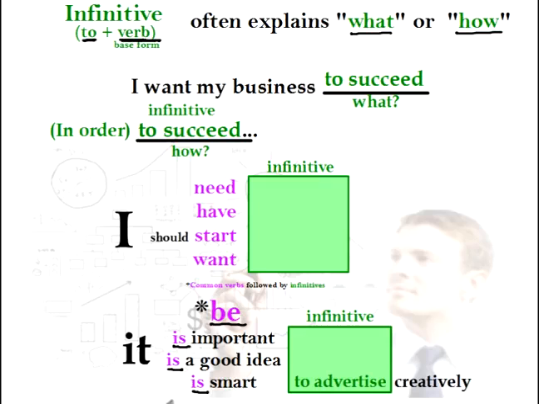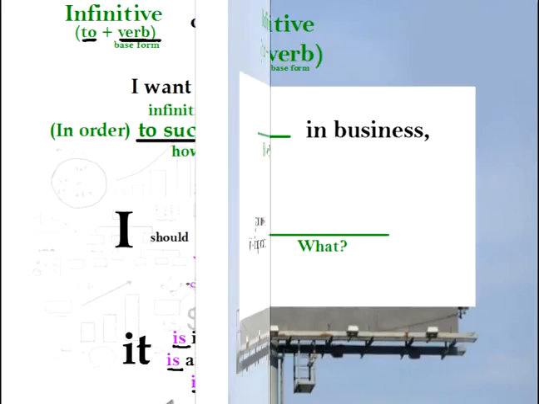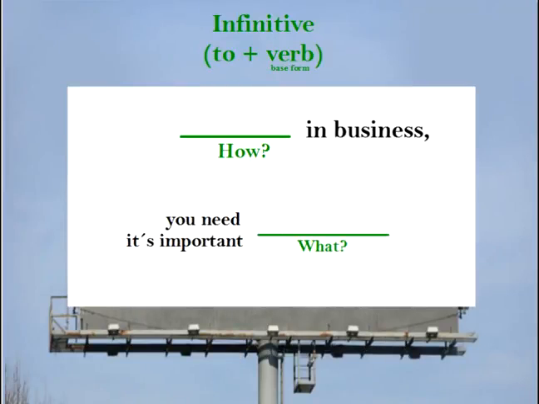Now, let's look at a few different examples. For example, if I want to think how, again, I use my infinitive. To succeed in business, or in order to succeed in business, that's the infinitive to describe how. So I'm starting my sentence with how. To succeed in business, you need, or it's important, to advertise.